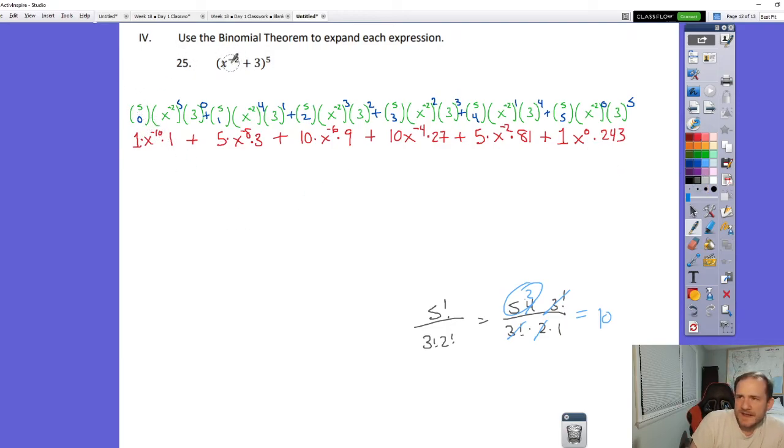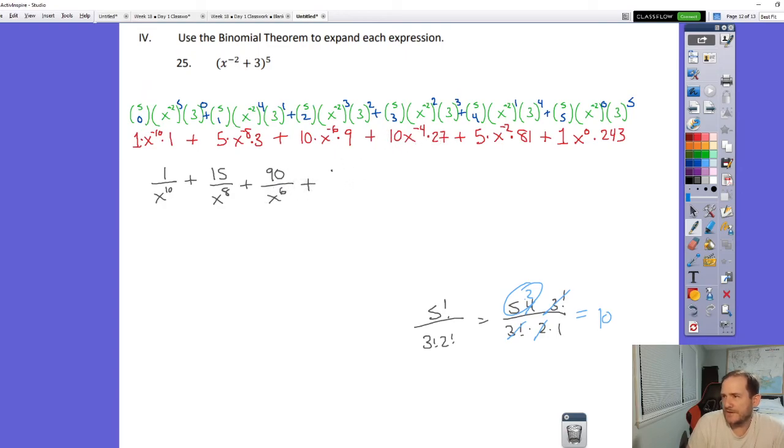You were given a negative exponent, so I suppose you could leave it as a negative exponent, but it might be nice to clean it up a bit and say that this is 1 over x to the positive 10. This is 15 over x to the 8. This is 90 over x to the 6th.